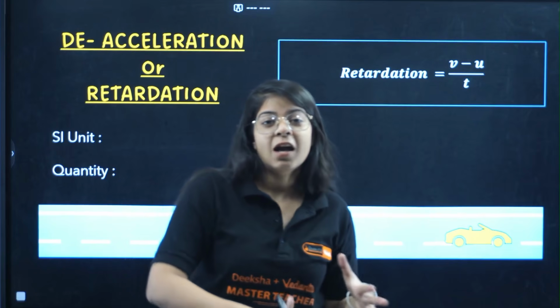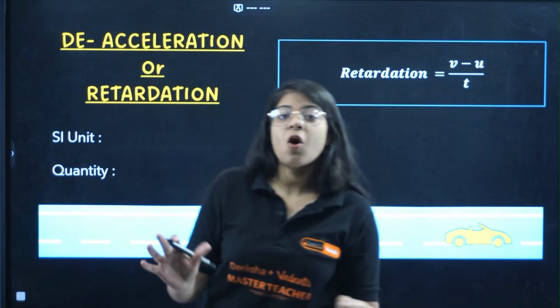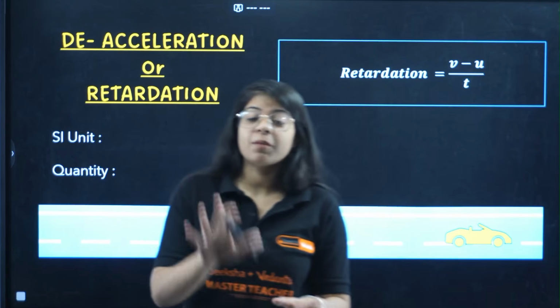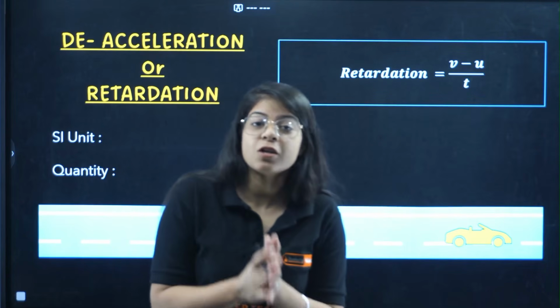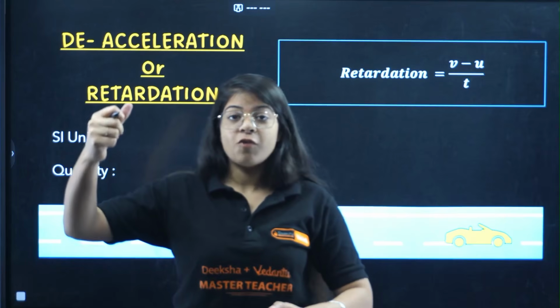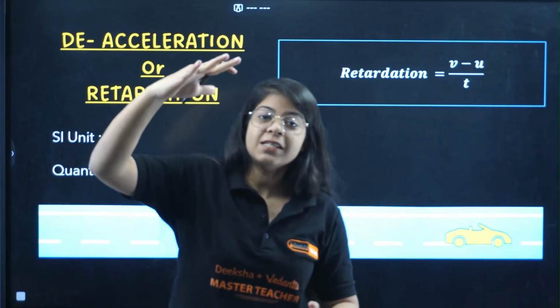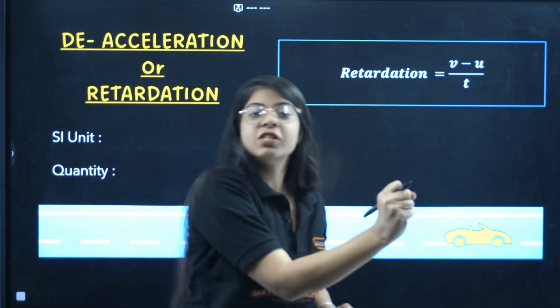Maybe you didn't release the clutch easily, or you pushed the brakes, and that's why the car stopped. That means when you started, velocity increased, and then velocity decreased to 0.